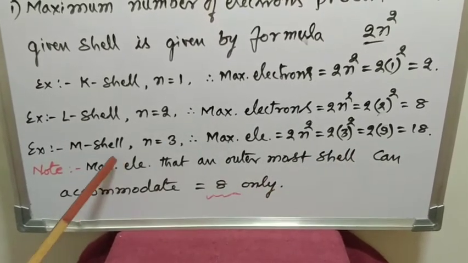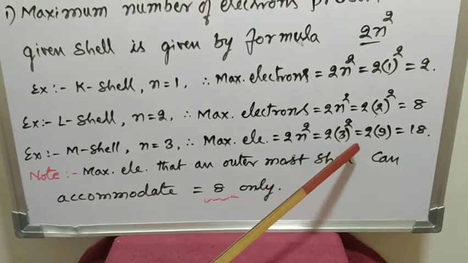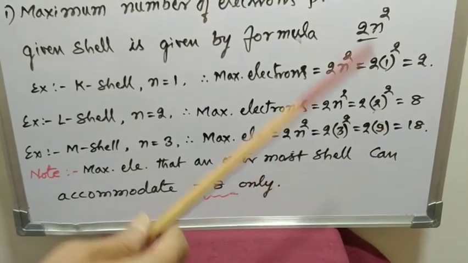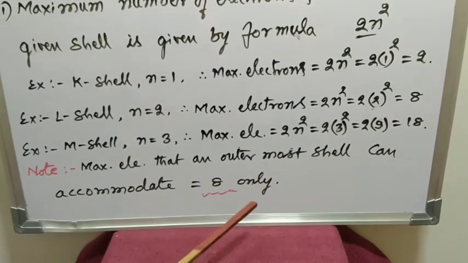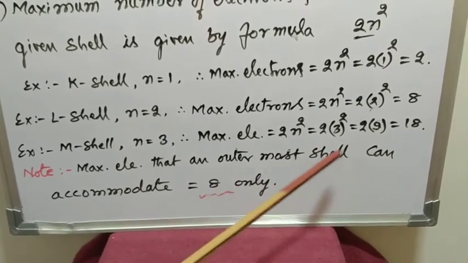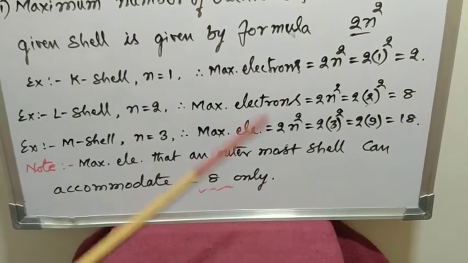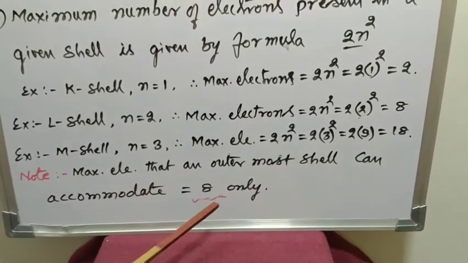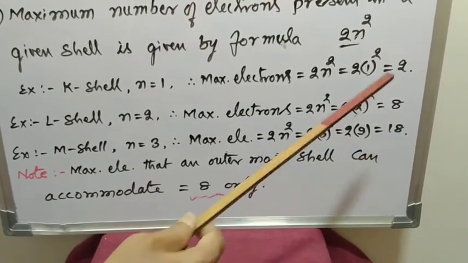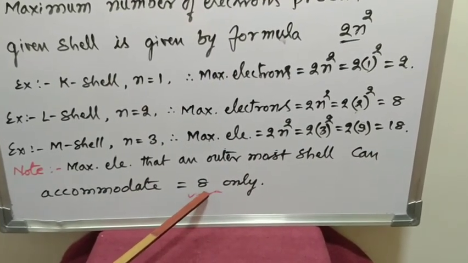For example, this M shell, that is third shell, can accommodate 18, but if this third shell is the outermost shell, then it accommodates only 8 electrons, not 18. If there is a fourth shell in the element, then only third shell can accommodate 18. That fourth shell can accommodate a maximum of only 8 electrons.